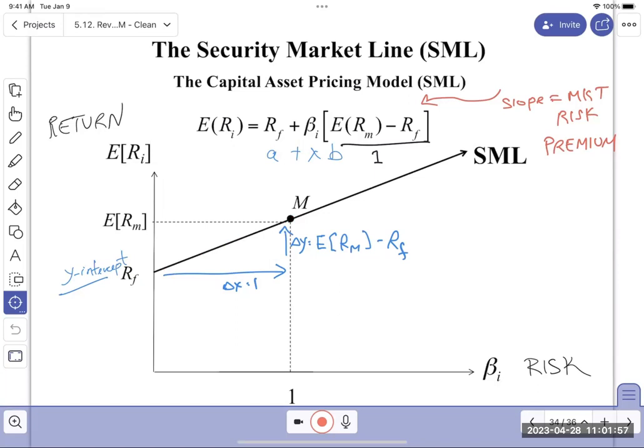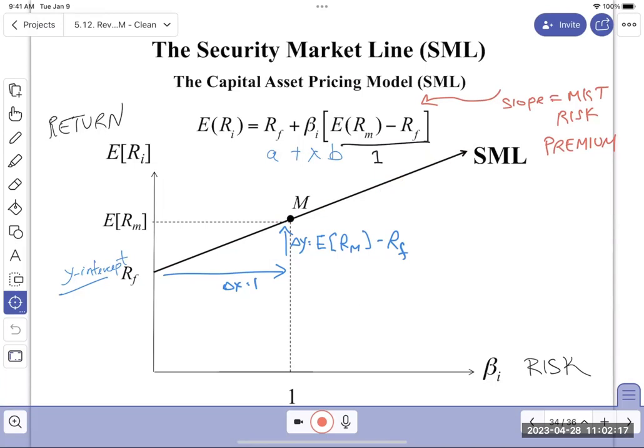When I invest partly in the market portfolio but short sell T-bills, I can go here. So this is still the same concept as we talked about in the capital market line, but all assets are going to fall on this line. Why?